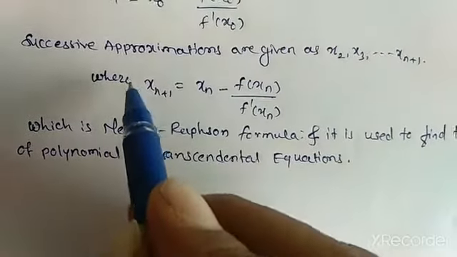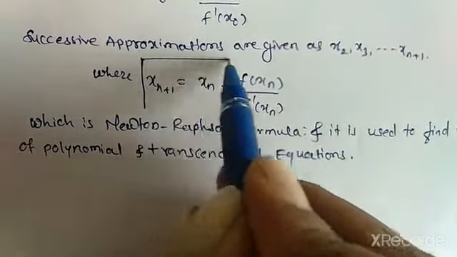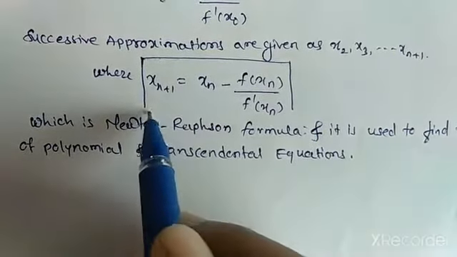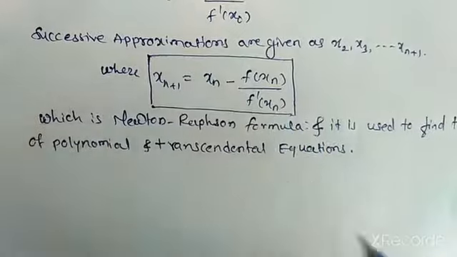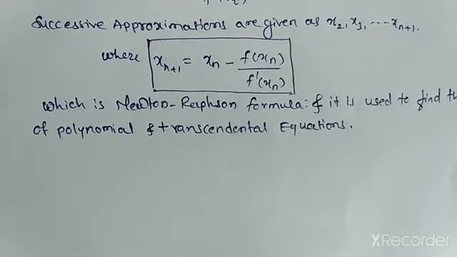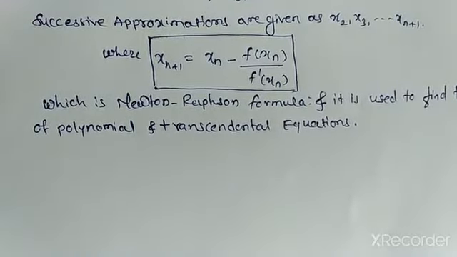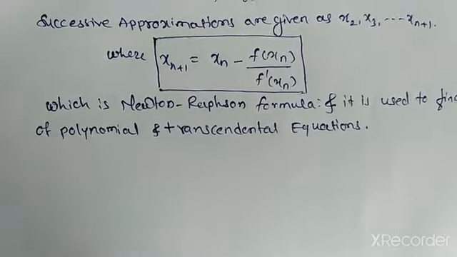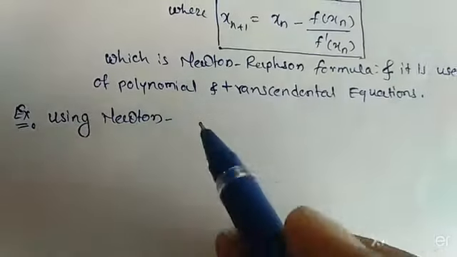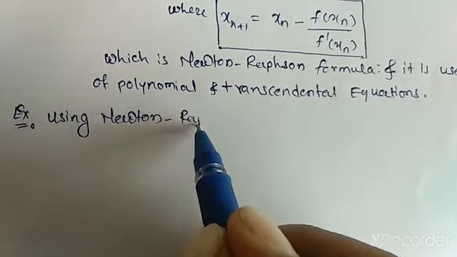So here the formula is xn plus 1 is equal to xn minus f of xn divided by f dash of xn. Now we go through the examples using the Newton-Raphson method.